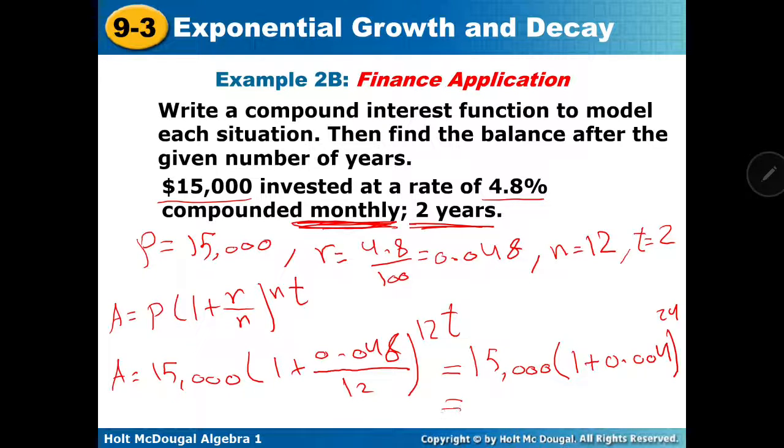So that's equal to $16,508.22, of course, dollars.